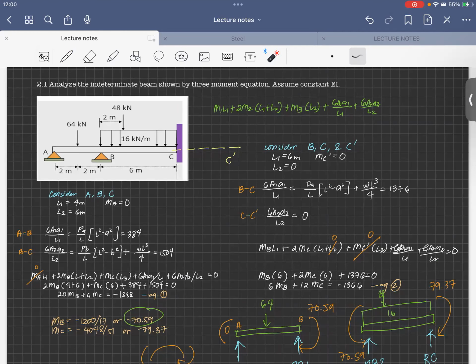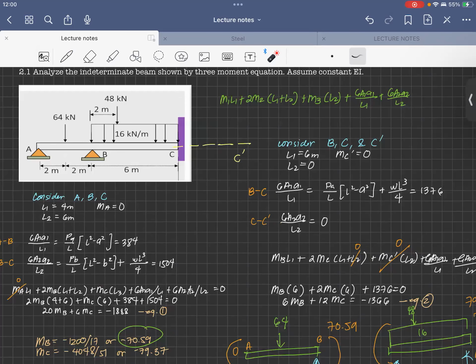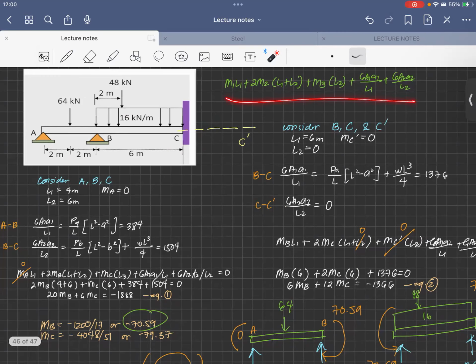So, basically, ang process po natin, i-repeat ko. So, using the 3-moment equation, what you do is, you get the 3 points, point A, point B, point C. Yun yung unang 3 points. Tapos, isulat mo yung 3-moment equation. And then, identify the given, solve for the values of these two, substitute, get an equation. Tapos, consider another point, kunyari to B, C, C prime.